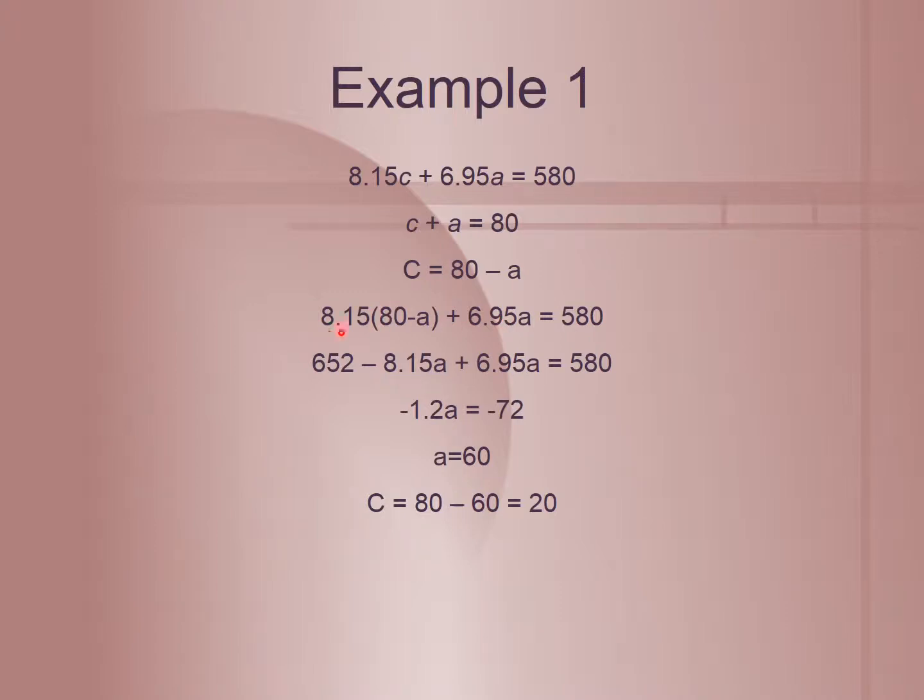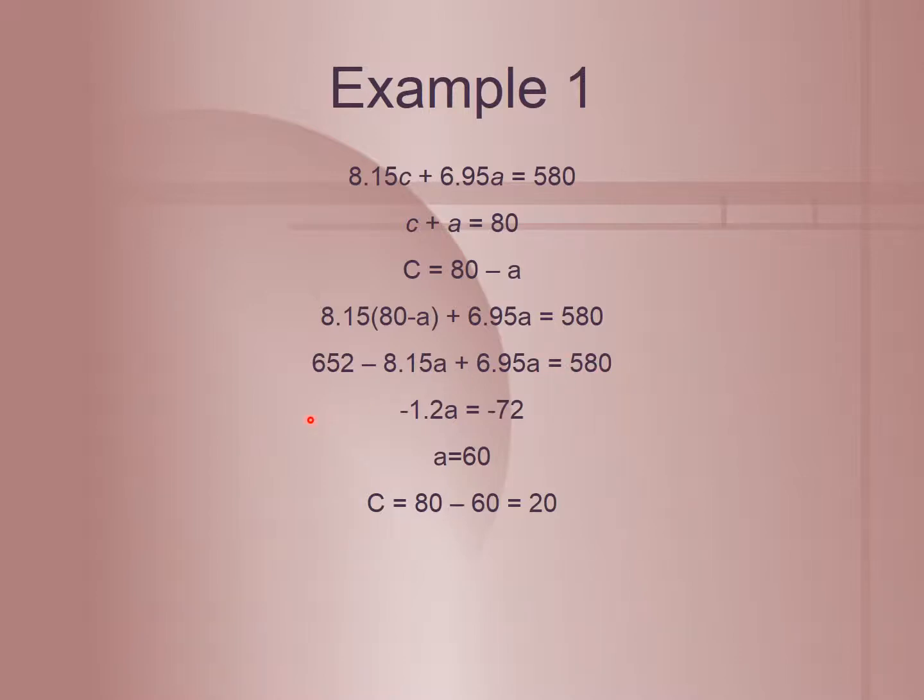So now we have an equation where we just have one variable, A. To solve this equation, the first thing I do is distribute. 8.15 times 80 is 652. 8.15 times negative A becomes minus 8.15A. And then I still have that plus 6.95A equals 580.